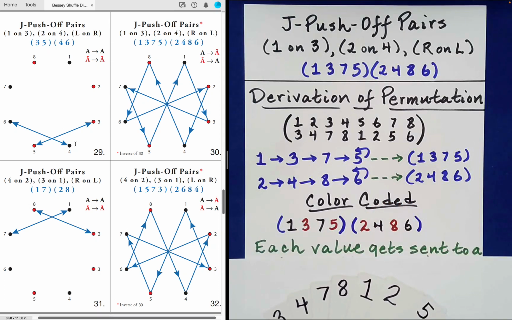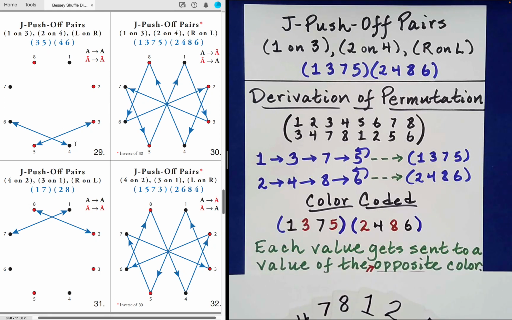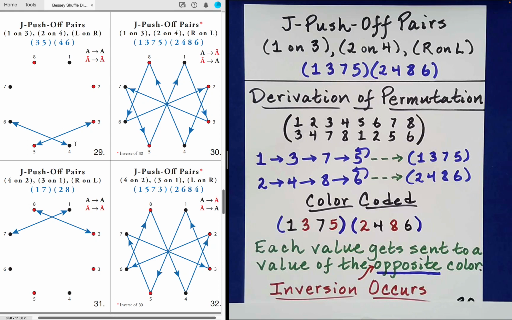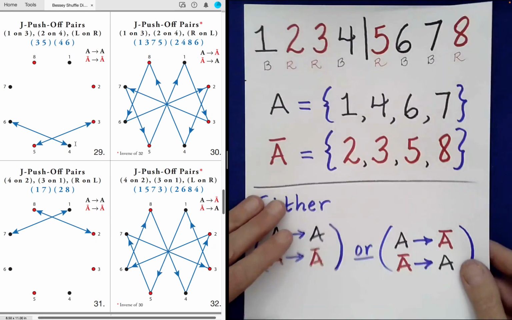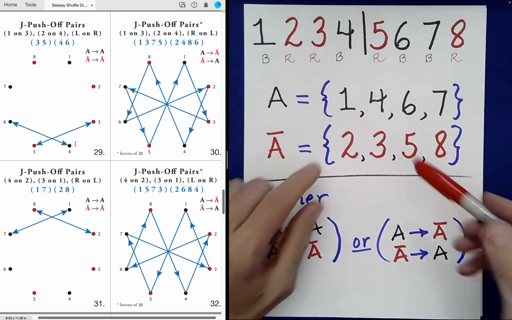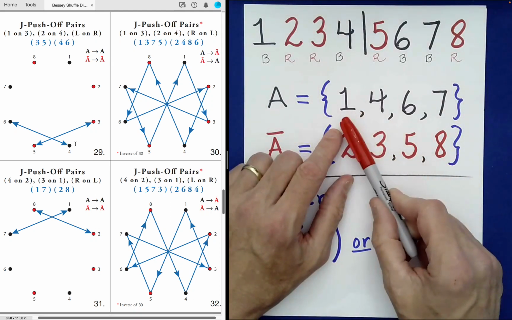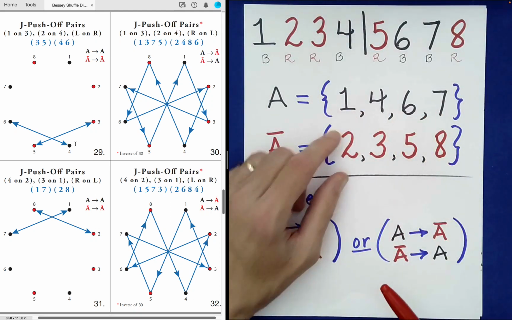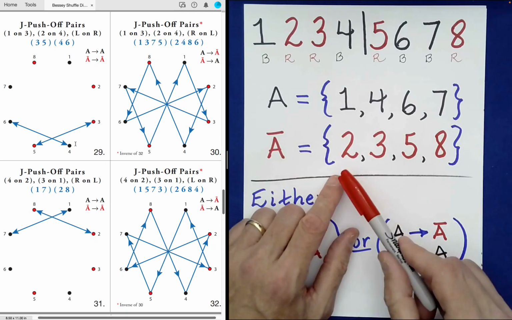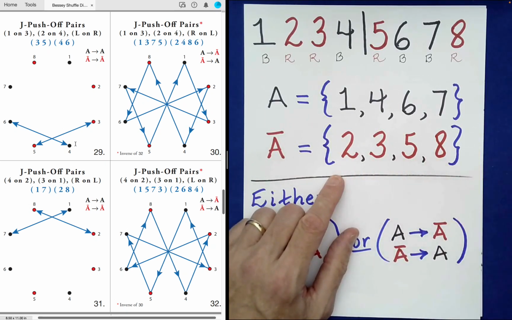So here, each value gets sent to a value of the opposite color. Consequently, inversion has occurred. This simply means that the cards that originally began in positions 1, 4, 6, 7 have moved to positions 2, 3, 5, 8 after the shuffle, and vice versa.